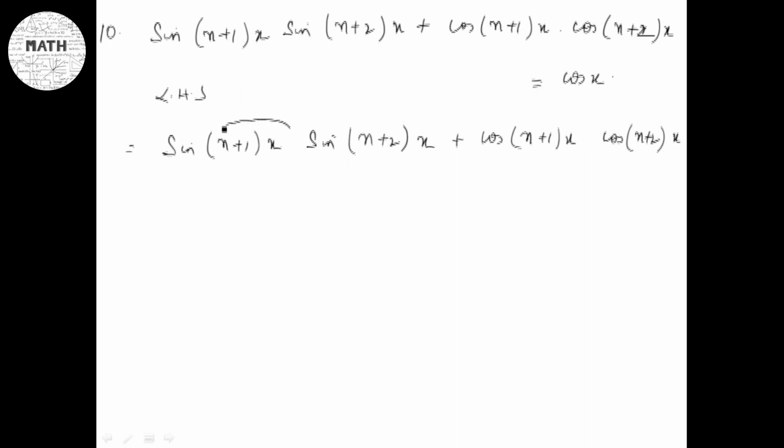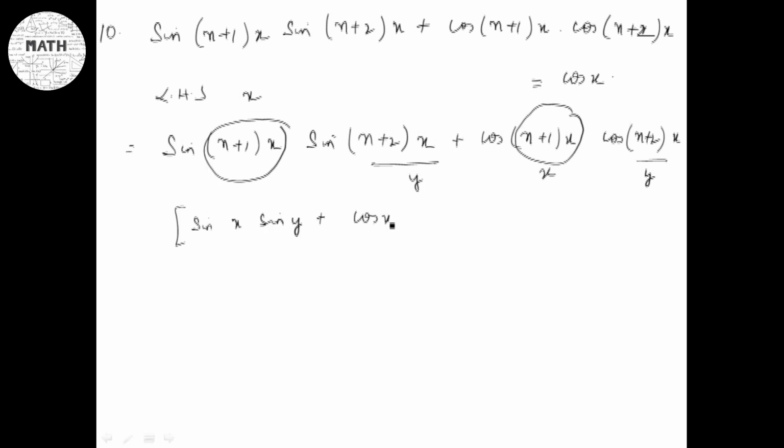Now I'm going to consider this one to be your x and this one to be your y. So the formula will be sin x sin y plus cos x cos y, which is nothing more than cos(x minus y). That's the formula of this one.